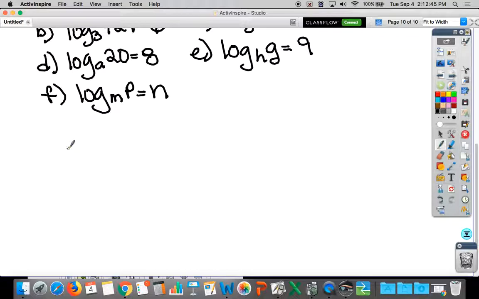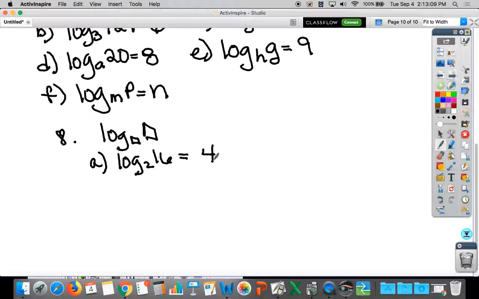So go to your LN or log button and hit it 3 times, and it should put a box here and a box here. So all you do on A is you hit the log button 3 times, put a 2 there and a 16 there, and tell me what you get. 4. Okay, I want y'all to do B through F on those too. Don't do all of them, just do B through F.